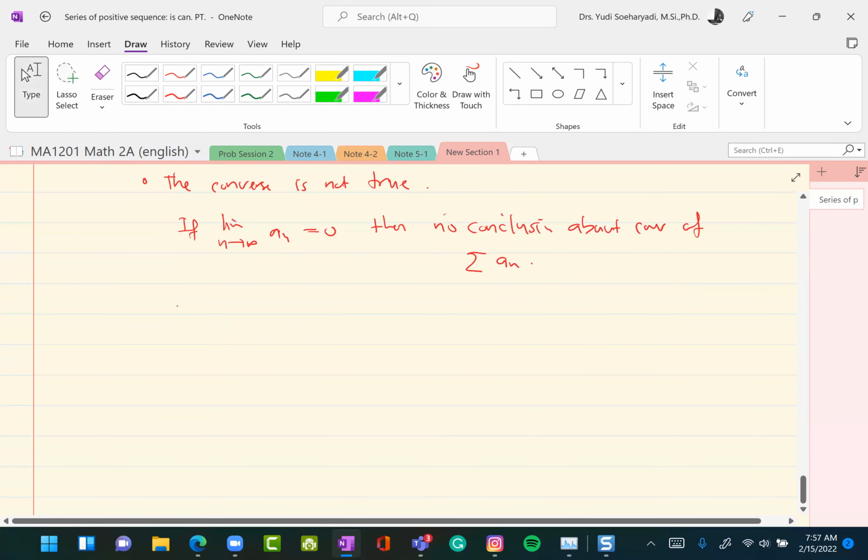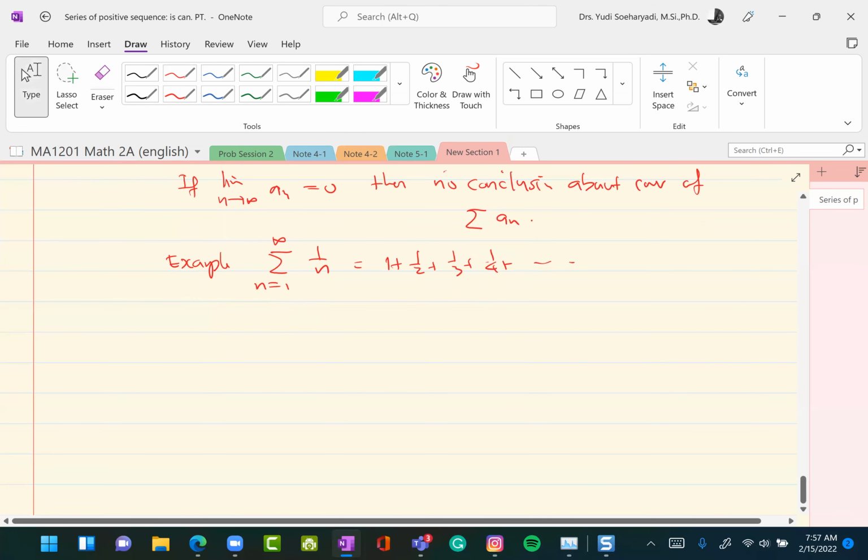Okay. Example is this: 1 plus 1/2, 1/3, 1/4. Here a_n is 1/n, and of course this goes to 0.